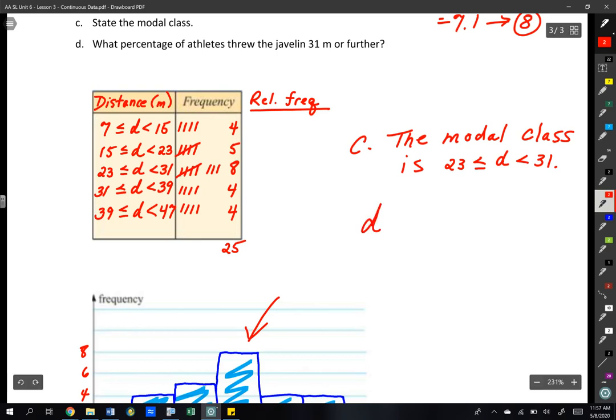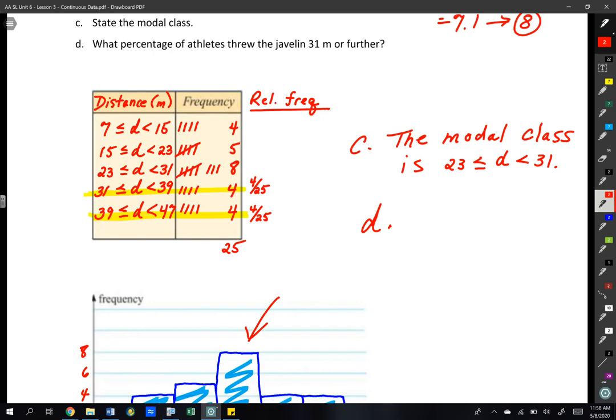For part D, the fun part, what percentage of athletes threw the javelin 31 meters or further? So we know that we need to include this interval right here and this interval. So we need to know what is 4 divided by 25 to get our relative frequency for those two rows in our table.